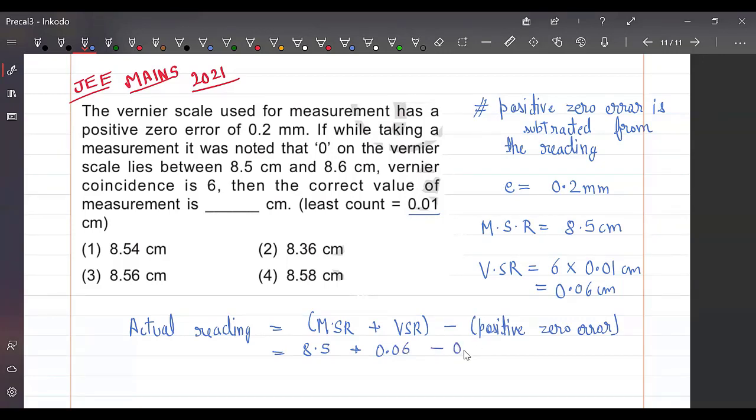So subtracted, that would be 0.2 millimeter, but I'll convert it into centimeter. That would be 0.02 centimeter. So this will give me 8.56 minus 0.02. That will be 8.54 centimeter. That means the first option here is the correct one.